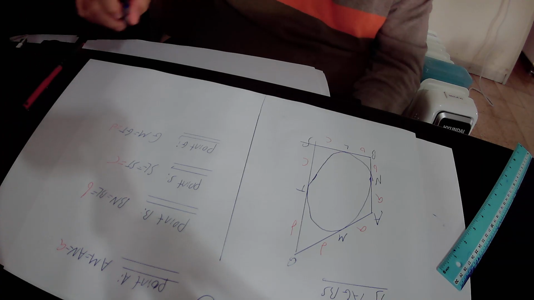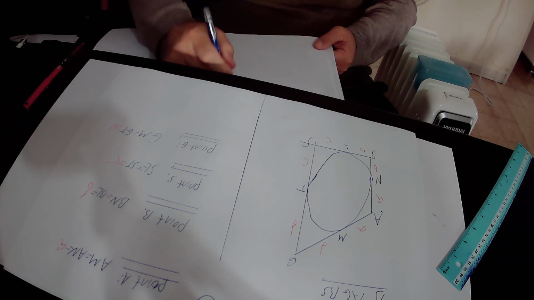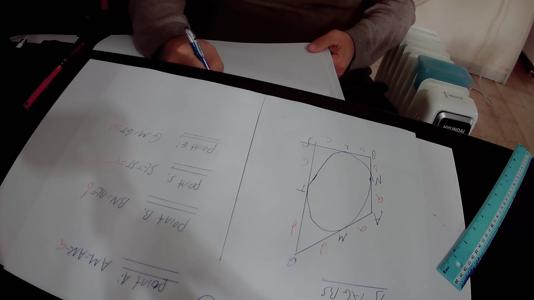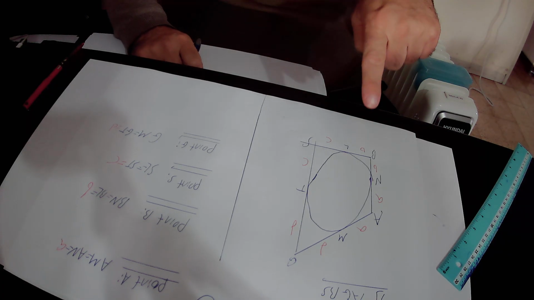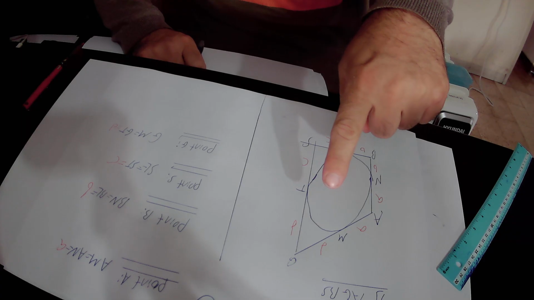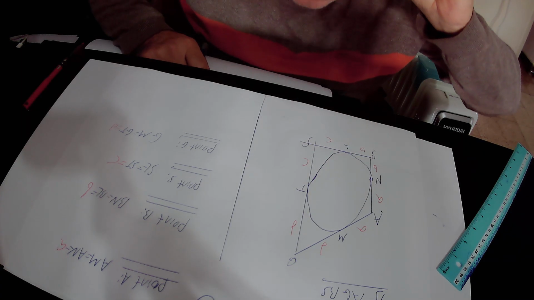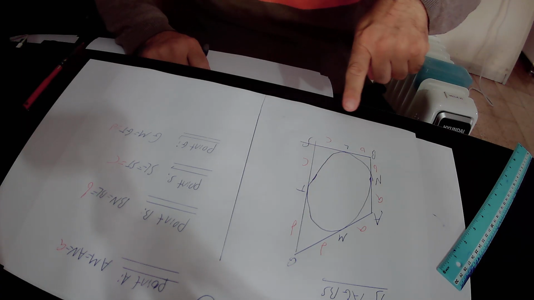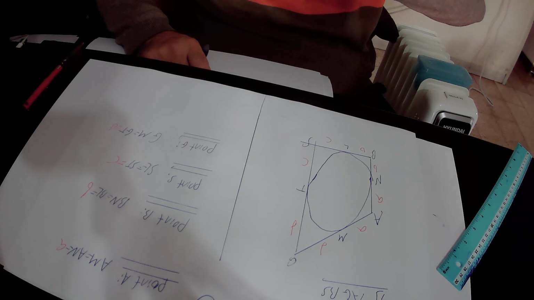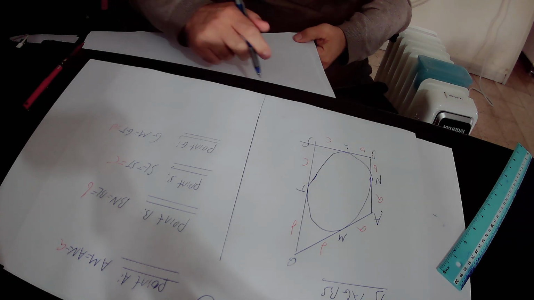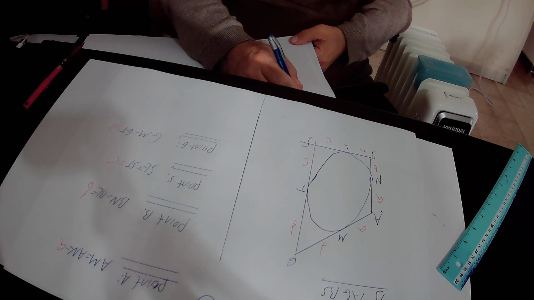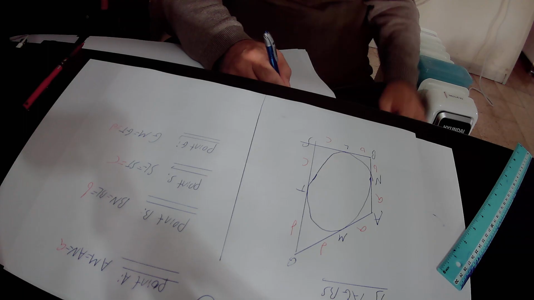In the next step, we'll join side AG to the opposite side BS. Let's call them AG and BS.